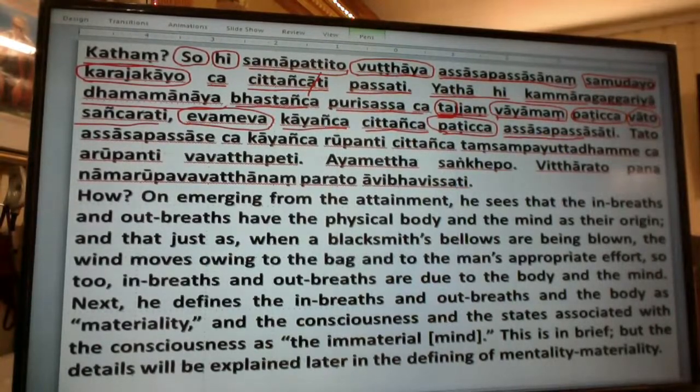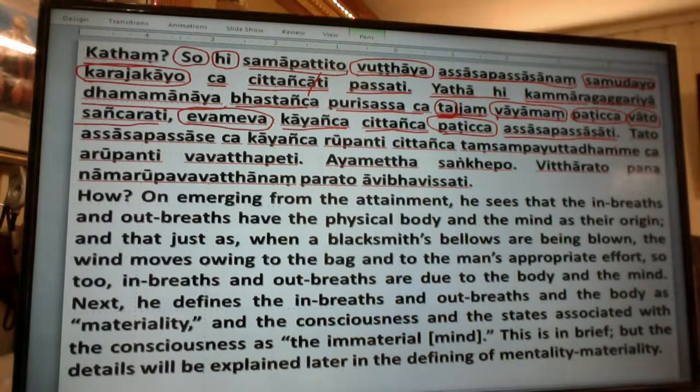Asasapasasati. Oh, you make in-breath and out-breath. In our body, we think, oh, asasapasasa happens automatically, but not automatically.